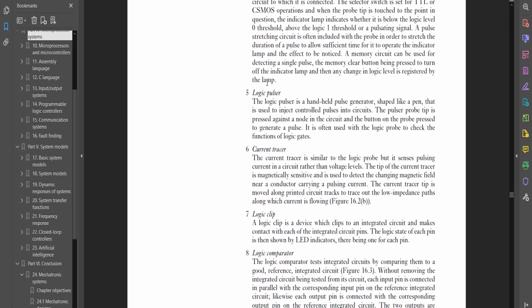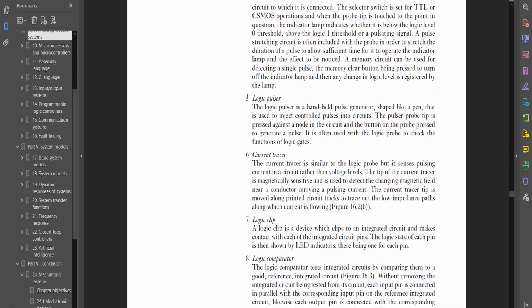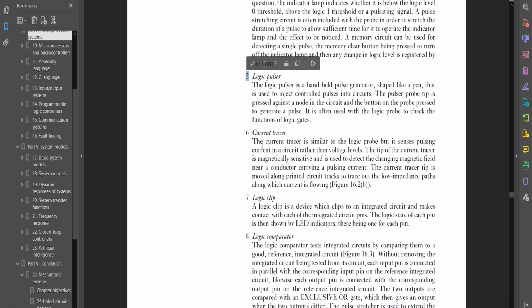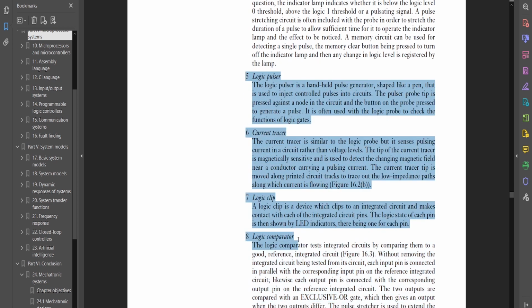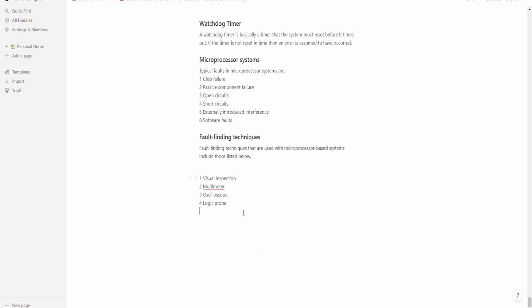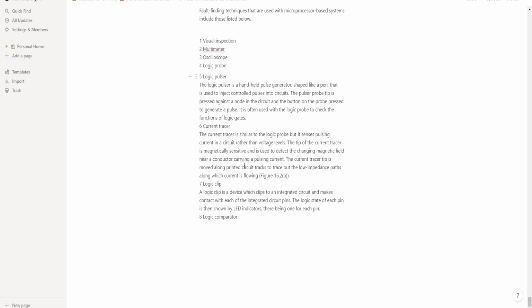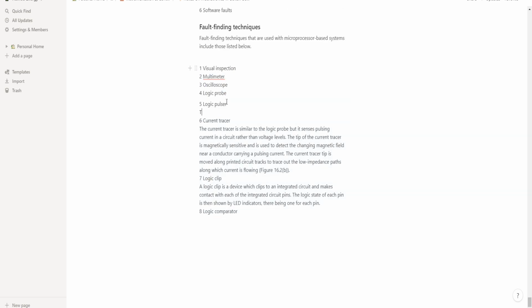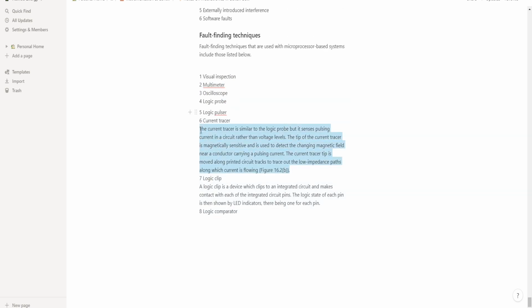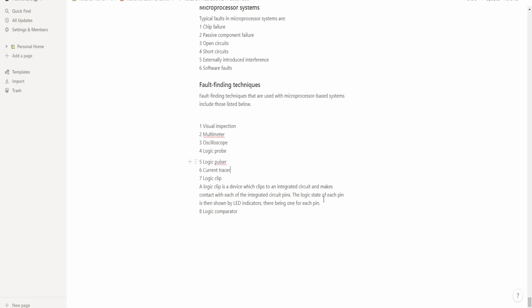Logic pulser, current tracer. As you can see, I have a lot of copy and pasting issues. Logic, oh dear. Okay.